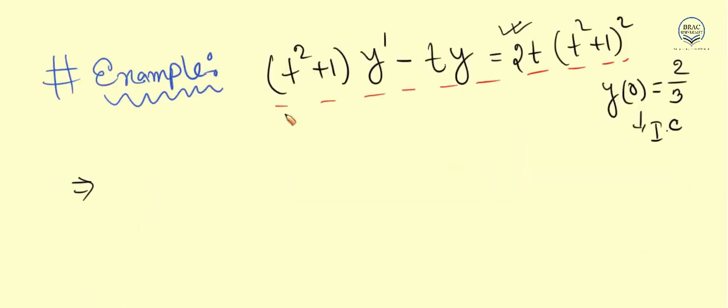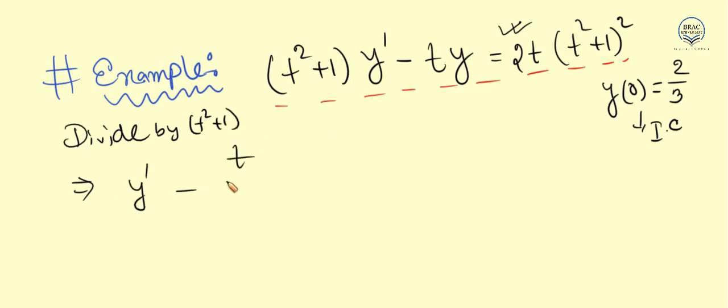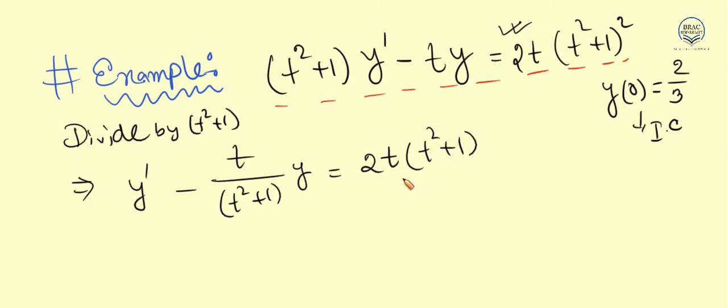So to do that, just divide by t square plus 1. If you do that, this will be y prime minus t divided by t square plus 1 times y is equal to 2t, and this is (t square plus 1) whole square, so that will be just reduced to t square plus 1.